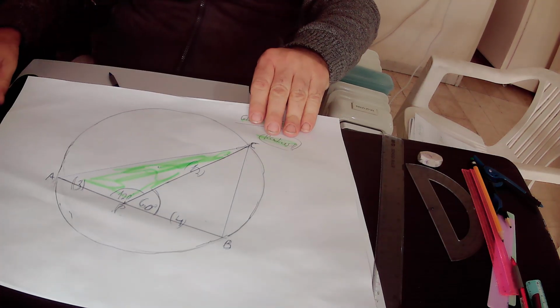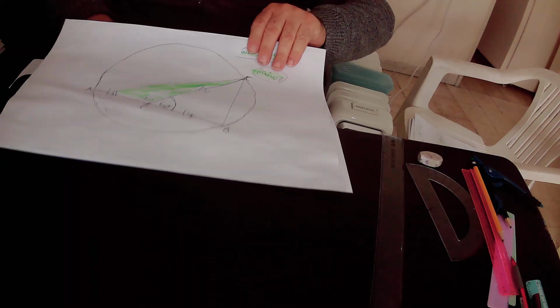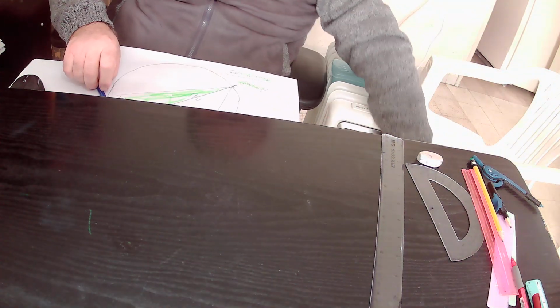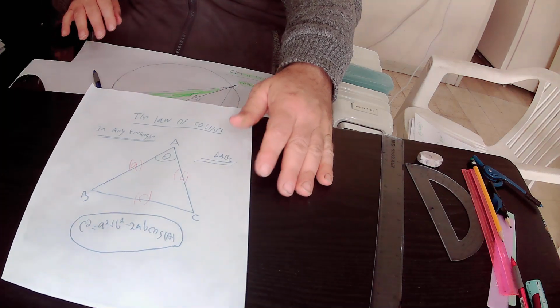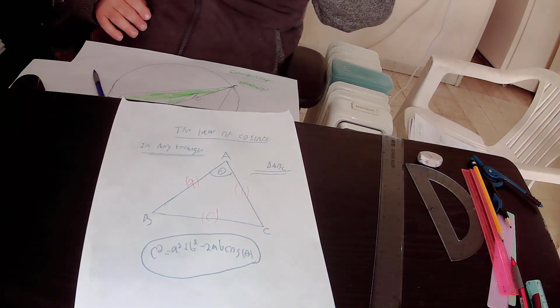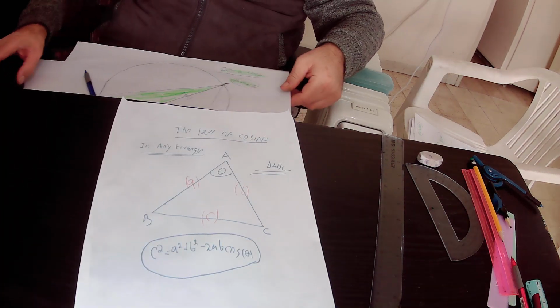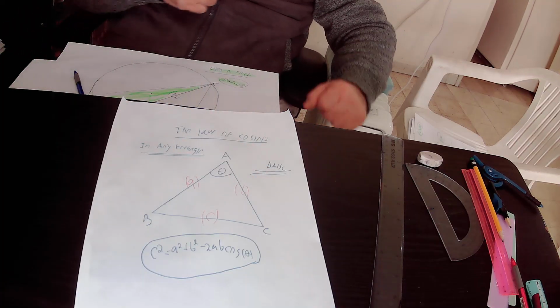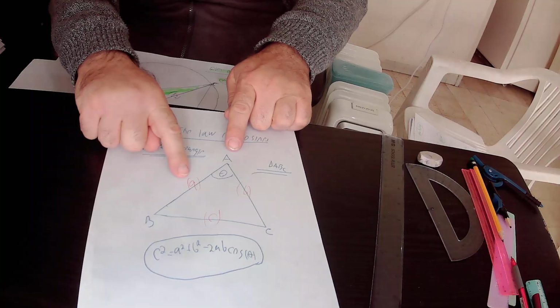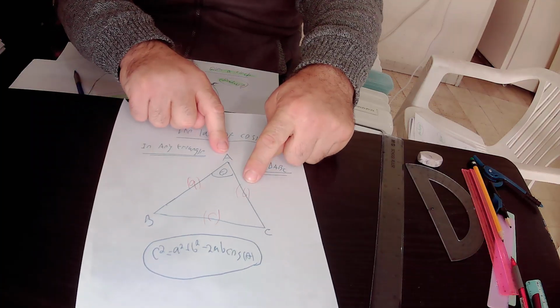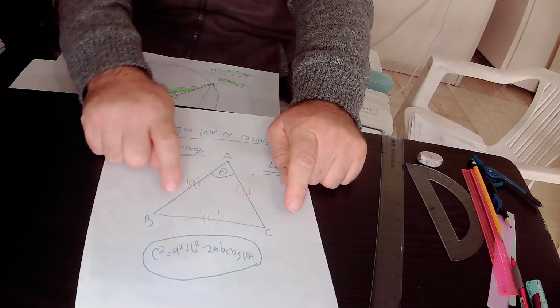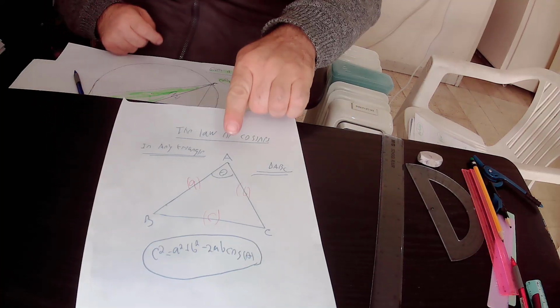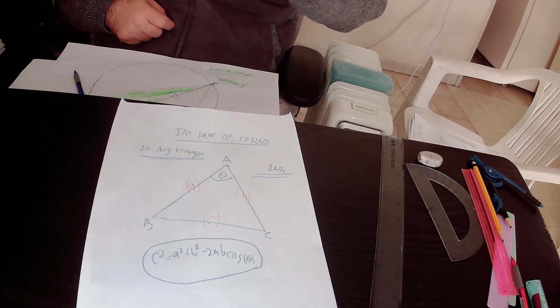A quick note on the law of cosines. The law of cosines is true in any triangle. This is triangle ABC, which could be any triangle. Side AB equals c units in length, side AC equals b units in length, side BC equals a units in length. This is angle BAC, which equals theta according to our definition.